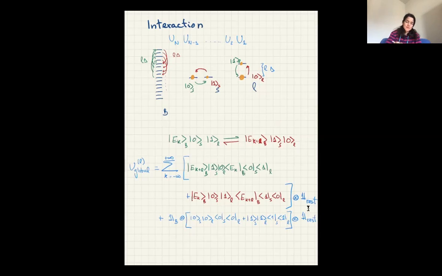So in the tutorial, you'll just show that indeed this commutes with the global Hamiltonian.